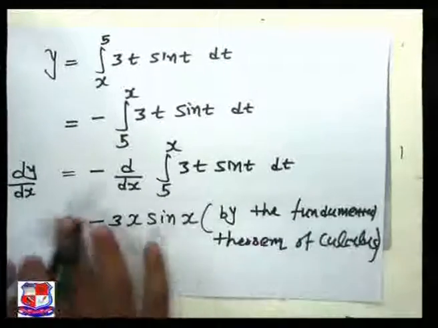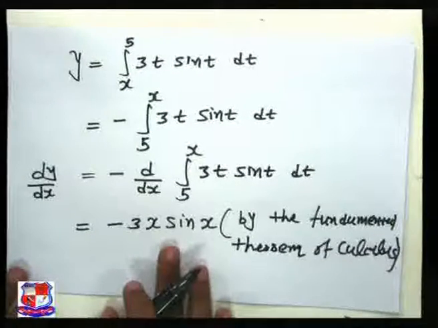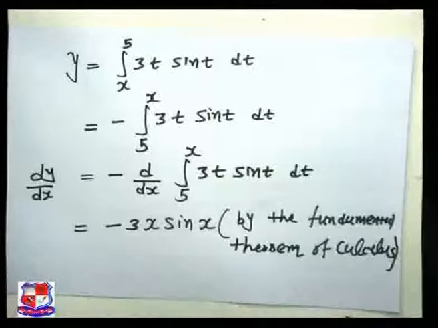So here is the reason: dy by dx is minus 3x sin x. Okay, so we complete the solution of this question paper up to this question.